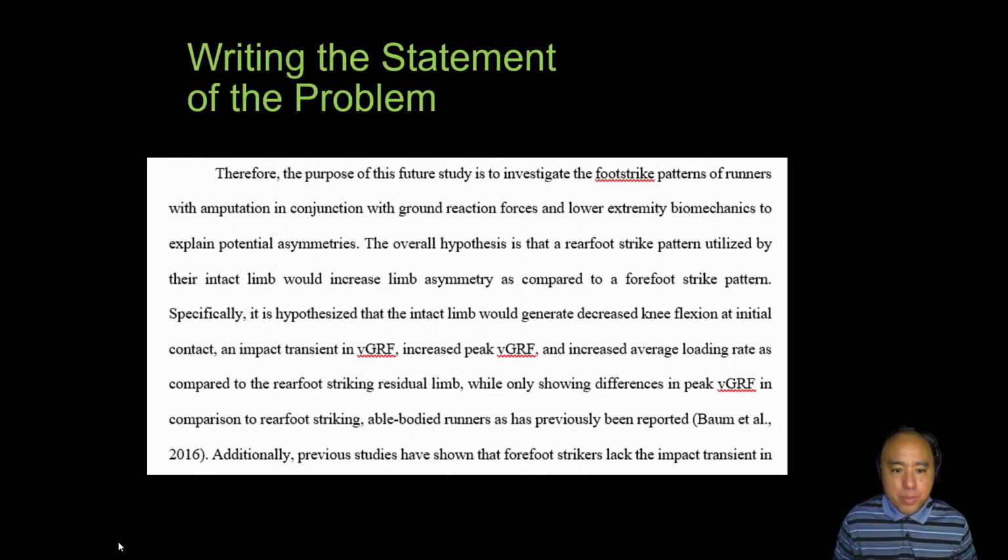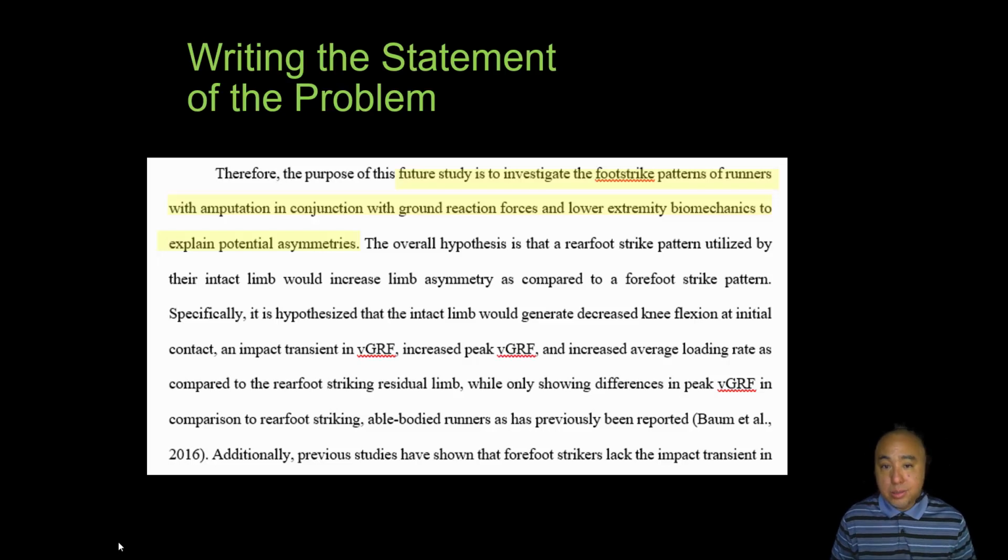So going back to that study I just showed you, the paragraph immediately following that section that included those gaps in the literature includes the purpose. The purpose of this study, remember this is a proposal, this future study, is to investigate the foot strike patterns of runners with amputation in conjunction with ground reaction forces and lower extremity biomechanics to explain potential asymmetries.